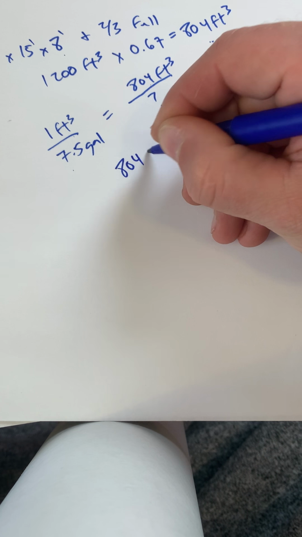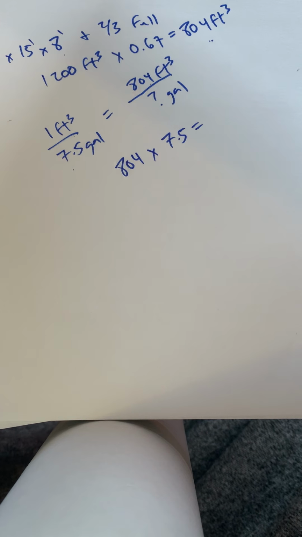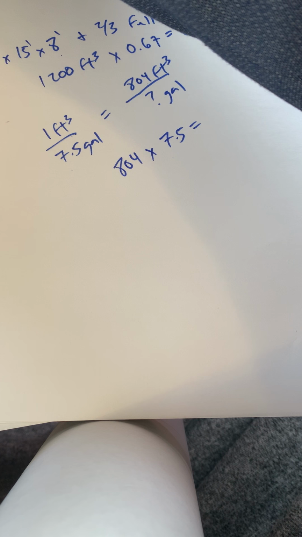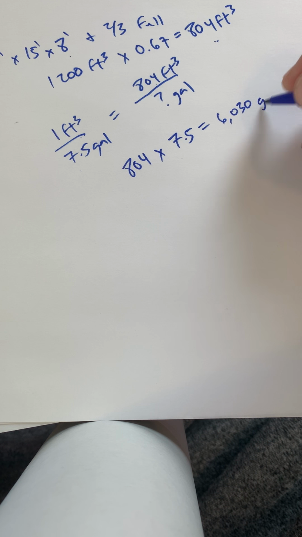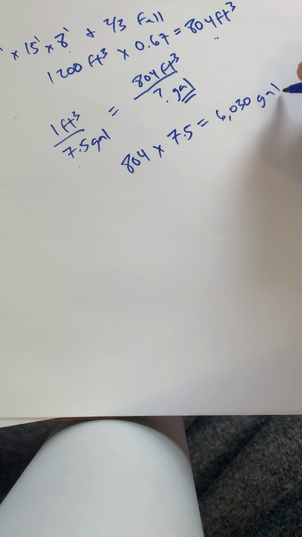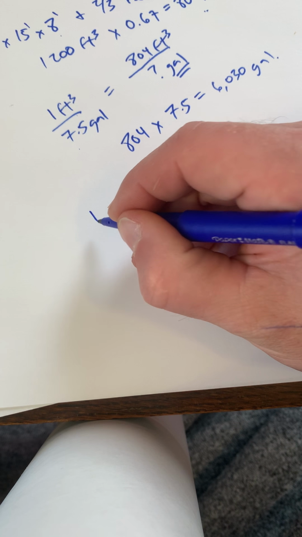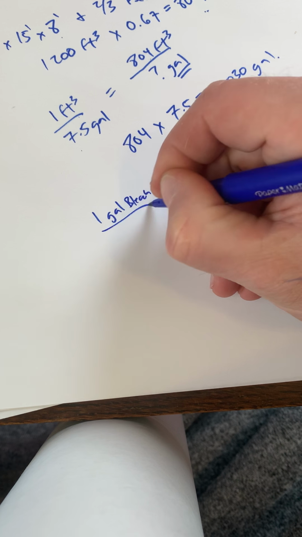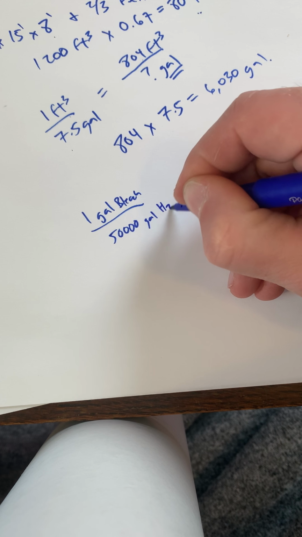So 804 times 7.5, so I have to go to my computer, 804 times 7.5 equals 6,030, and that's our answer in gallons. Make sense?